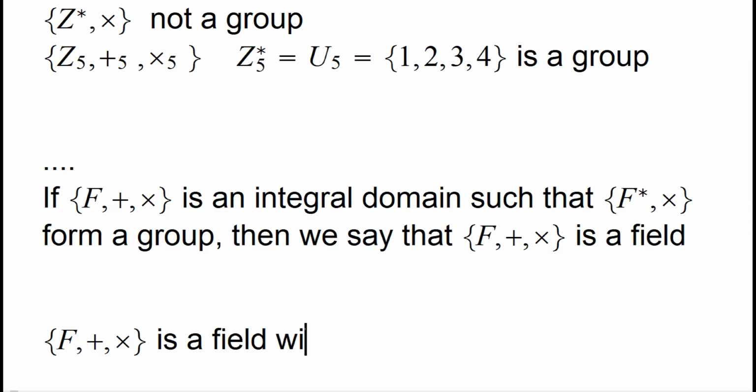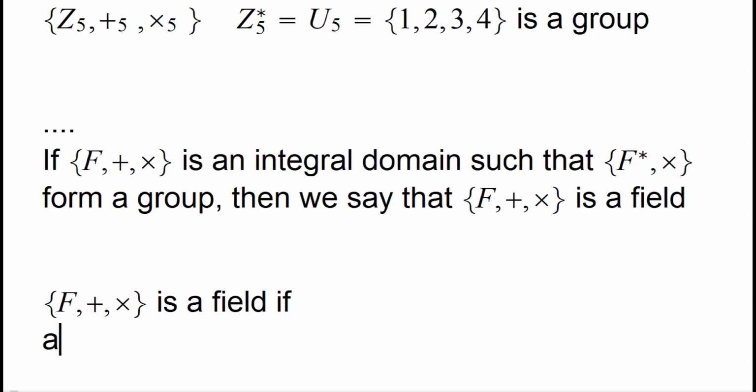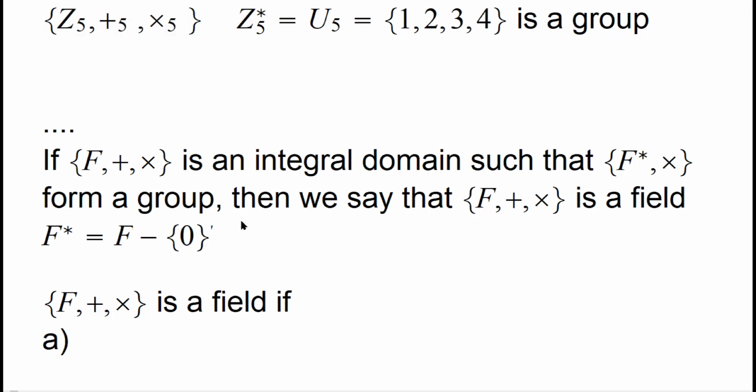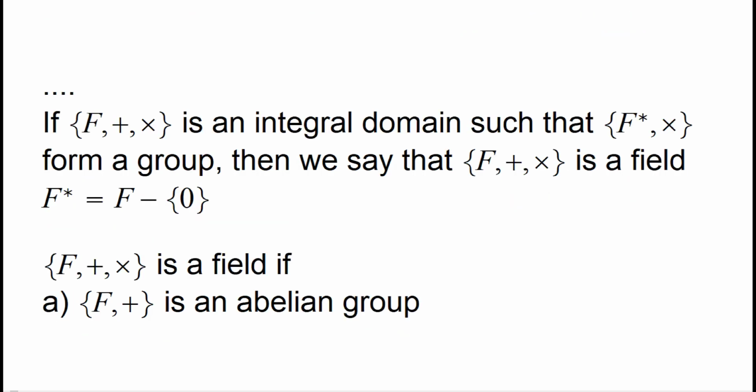A field has three conditions. Of course, by F star, we mean F with the additive identity removed. One, this is an abelian group, and I'm writing it very casually, so make sure that you compare it with the book or other resources.